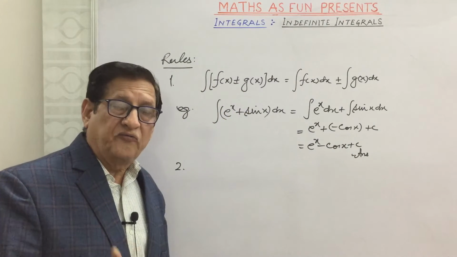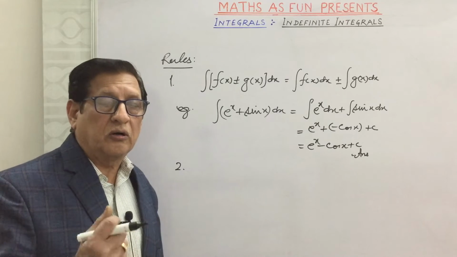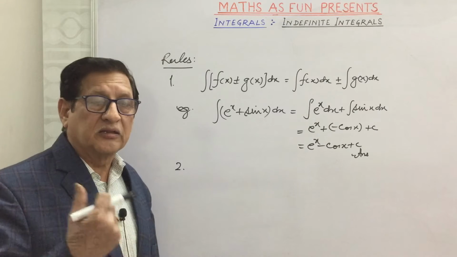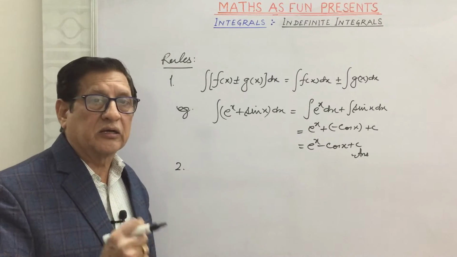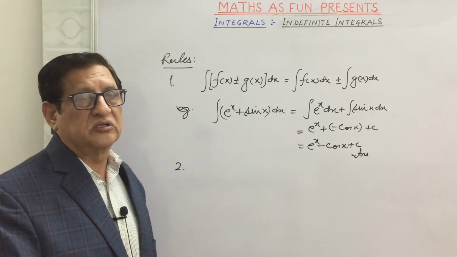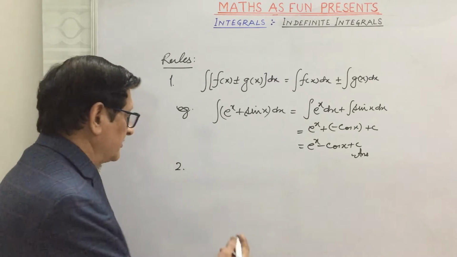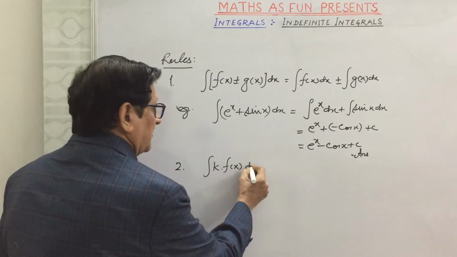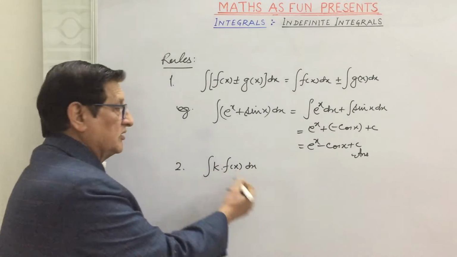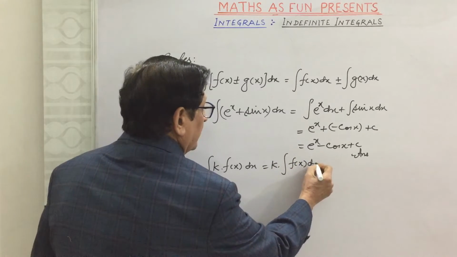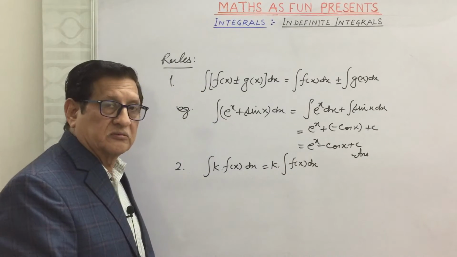Second rule is, if we are to find out the integral of a function which is multiplied with a constant, then that constant can be taken out as multiplication and we can find out the integral of the function. Like we write k into f(x). Suppose we want to find out the integral of this, then we can write this as k into integral of f(x) dx.